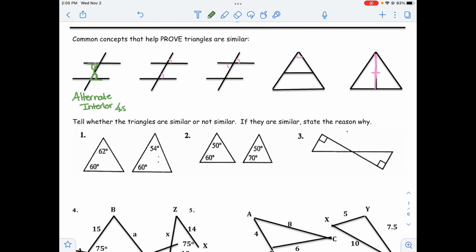Now, if we have one on the outside of the parallel line, touching the transversal, and another in the same exact area on the same side, touching the same transversal, but inside, these are called corresponding angles. Think about if we picked up the bottom section and set it on top of the other one. That's another way to prove similarity.